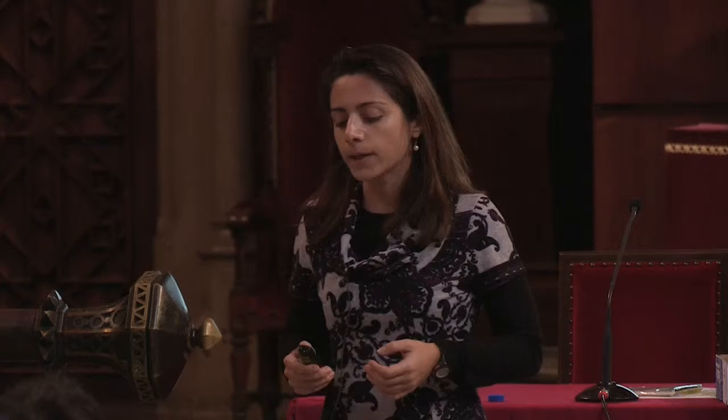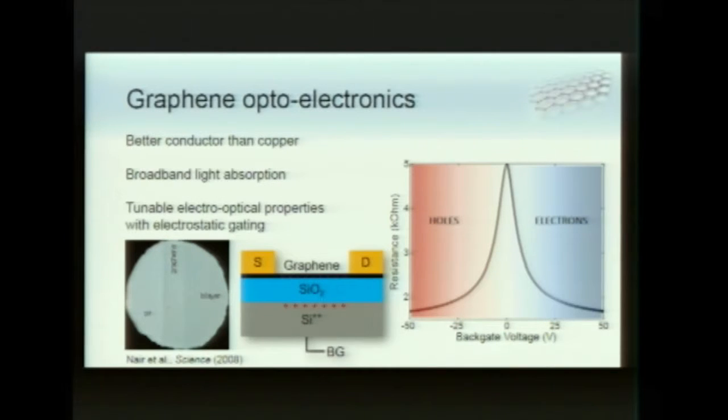Graphene is not only the thinnest material in the world, but it also has many interesting properties. For example, it's the best conductor that we can find, and it has a very broadband light absorption. Furthermore, it is possible to tune its optical and electronic properties by using electrostatic gating.